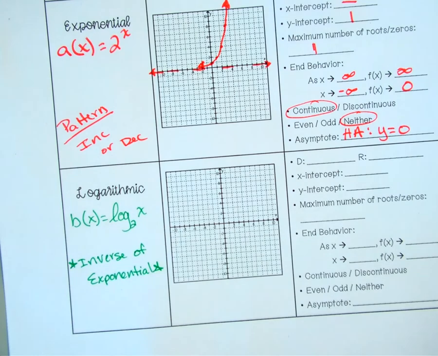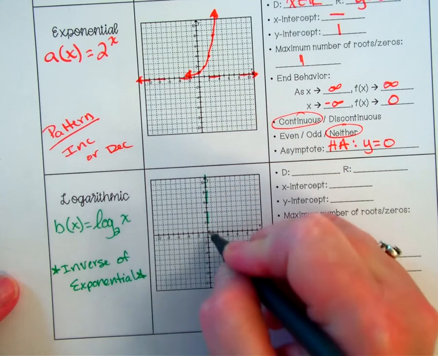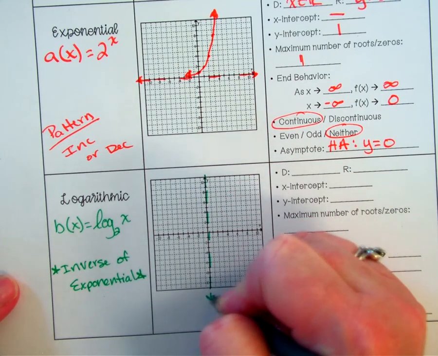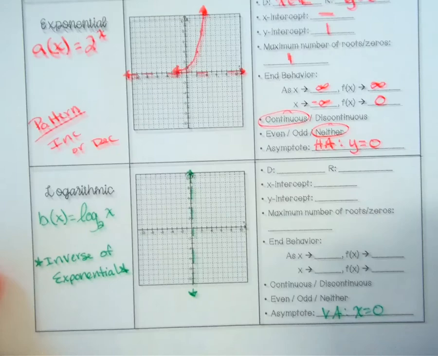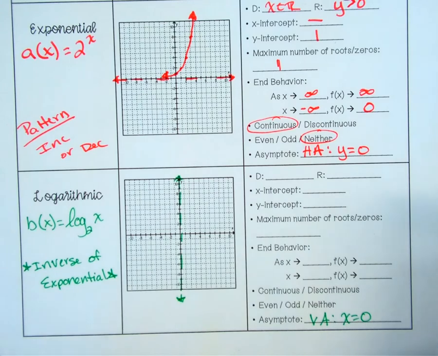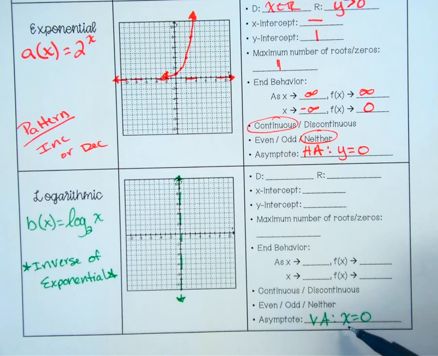Logarithmic is the inverse of the exponential. So because it's the inverse of the exponential, this one has a vertical asymptote, whereas our exponential did not. Our exponential had the horizontal. So here we have a vertical asymptote at x equals 0, because again, we're switching the x and the y for those inverses. So this had a horizontal at y equals 0, therefore this one, when I flip it, becomes x equals 0.